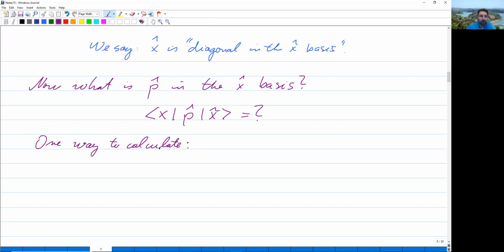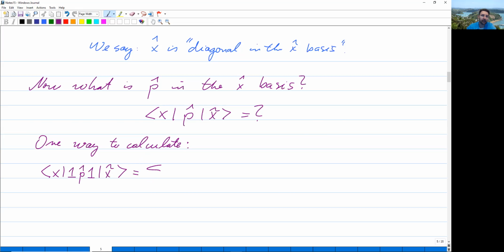Well, one way to calculate it is to say, okay, let's insert the resolution of the identity in the Bn basis because we know what the momentum operator looks like there. So let's do this. We start with x, identity, p hat, identity, x tilde. That's the matrix element that we want to calculate.